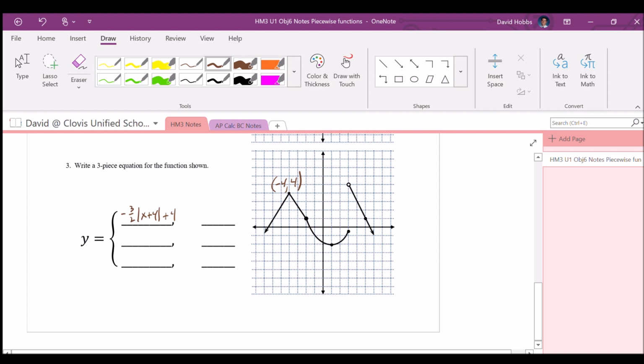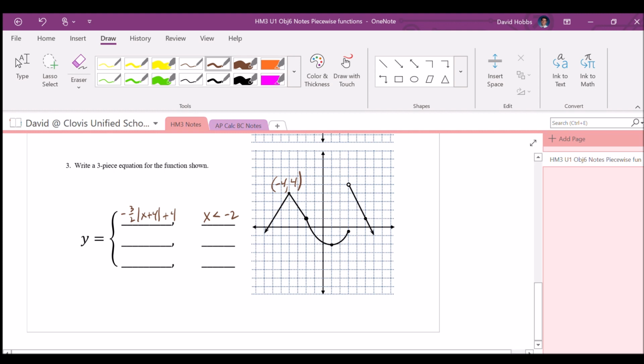So there's my equation. Now that's for the domain values to the left of negative 2, so x is less than negative 2. Now I'm not doing the equal sign yet. I'm going to come back to the equal sign in just a little bit.